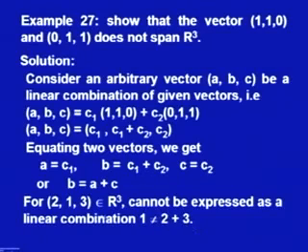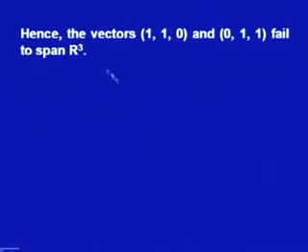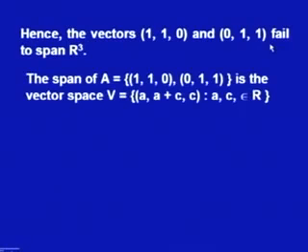That simply means that this vector (2, 1, 3) cannot be represented as a linear combination of these two vectors. So the vectors (1, 1, 0) and (0, 1, 1) fail to span R3. That is the conclusion.